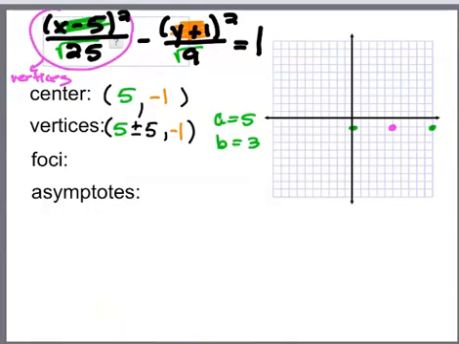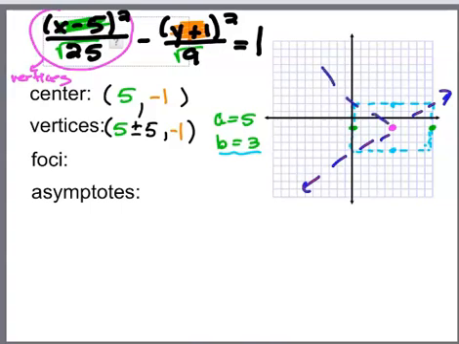Okay, for the b's, I'm going to go up and down 3. So I'm going to go up 3, down 3, 1, 2, 3, and that's going to allow me to make my little rectangle between the vertices, going up and down.